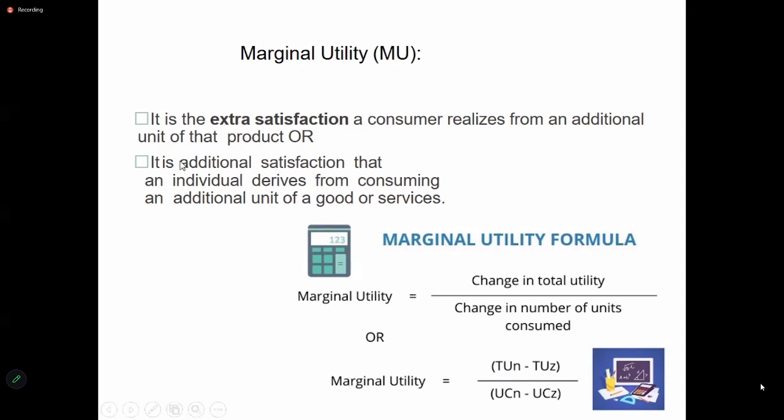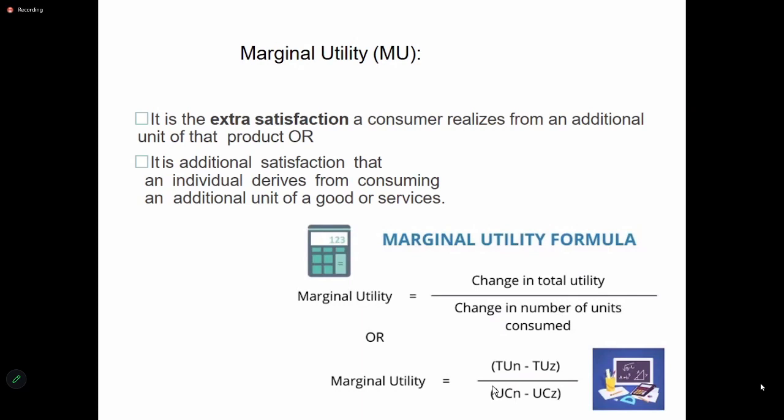Marginal utility means the additional satisfaction that an individual derives from consuming an additional unit of a good or service. I think you all remember this formula: marginal utility equals change in total utility divided by change in number of units consumed.